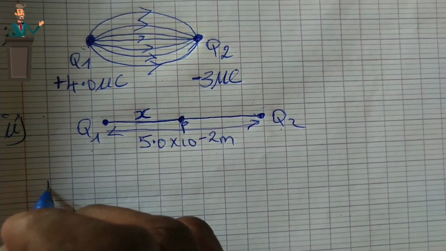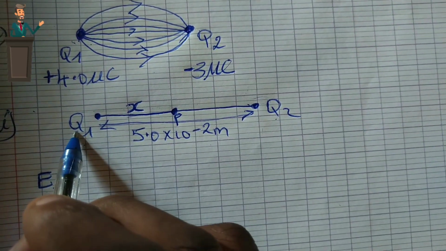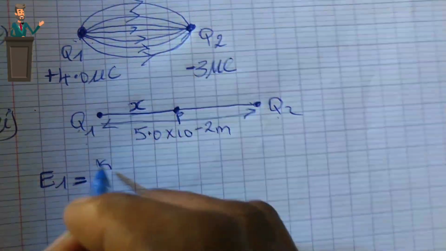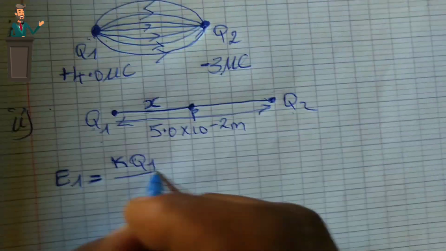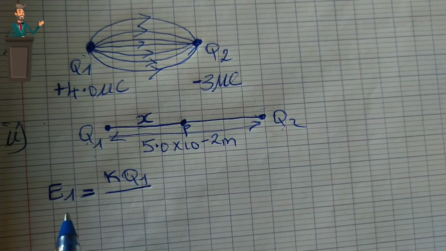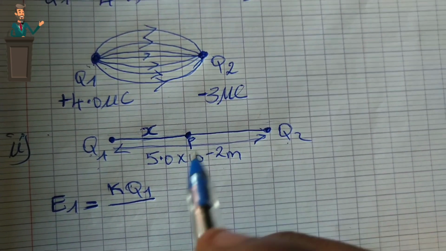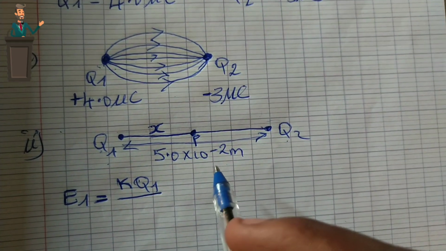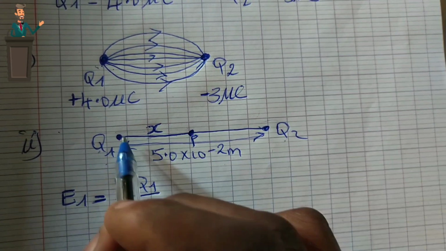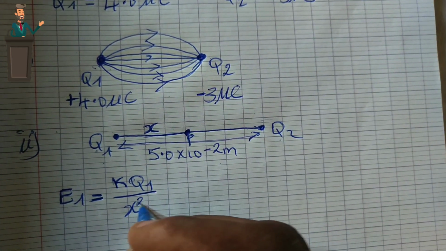The electric field strength E1, meaning the electric field strength due to Q1, is going to be equal to K Q1 over the distance from Q1 to that point P, which is x, so divided by x squared.